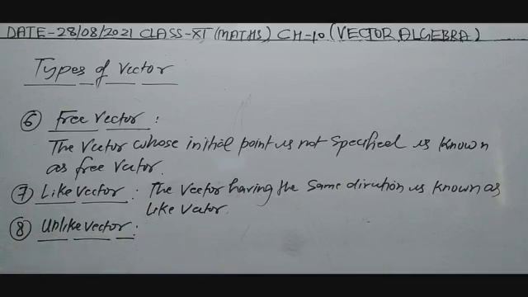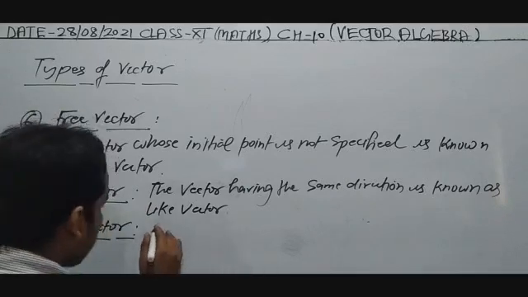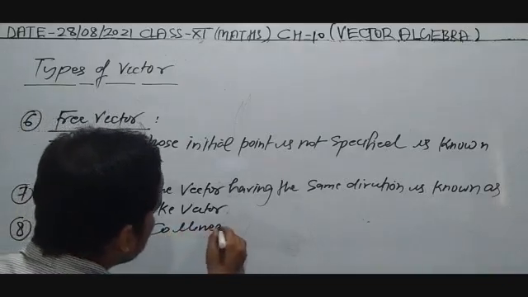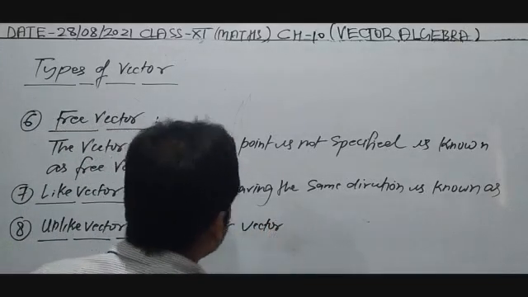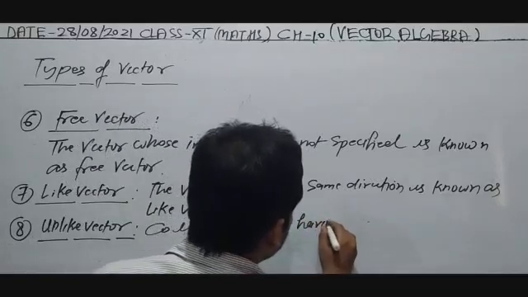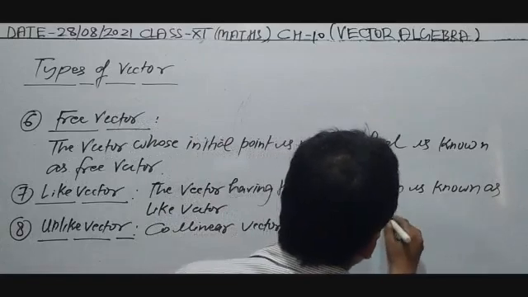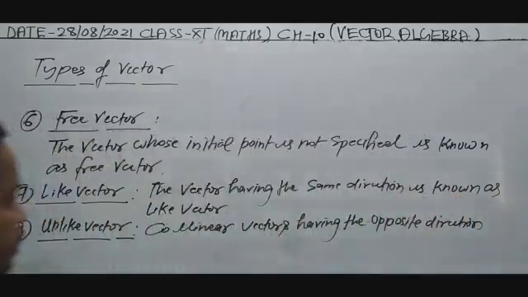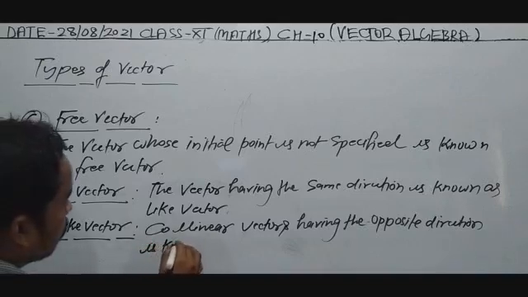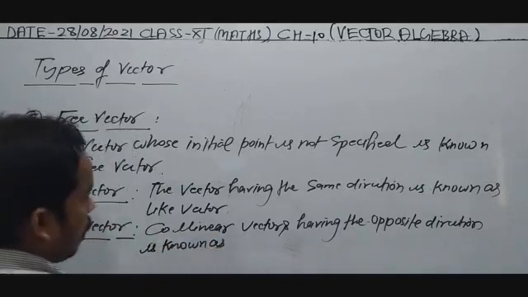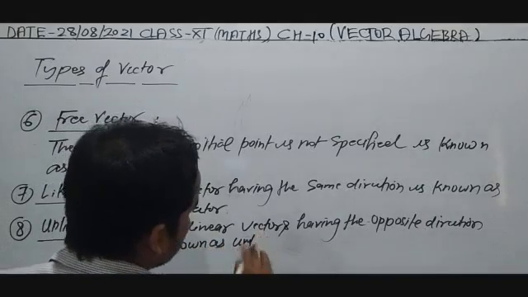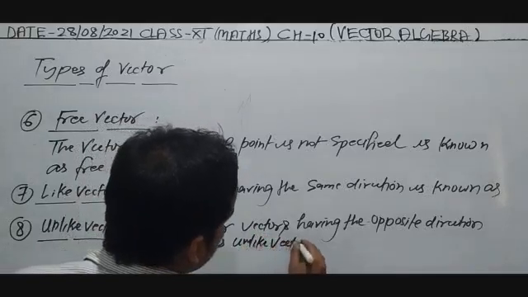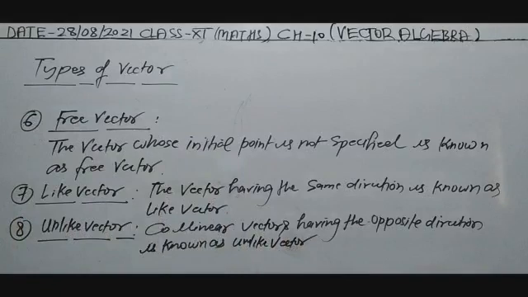Collinear vectors having the opposite direction are known as unlike vectors. Now this is completed.